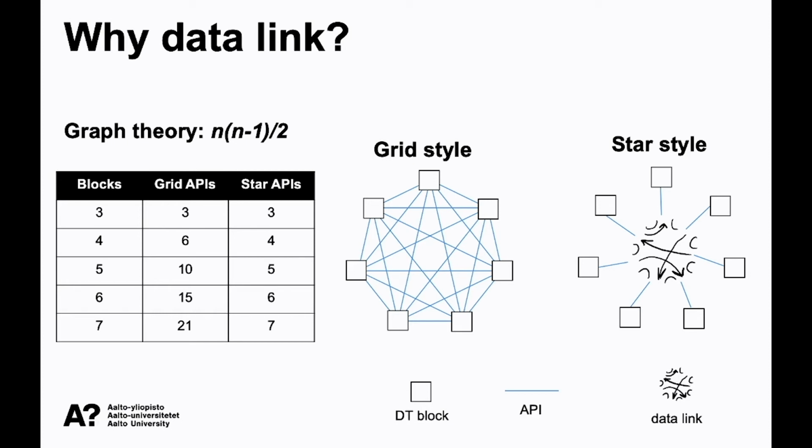Just simply, there are seven different blocks, and that creates a maximum of 21 APIs, and it grows larger. If we have the star style structure, then we have as many APIs as we have digital twin blocks.